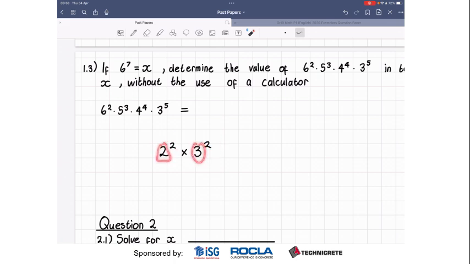So I'm going to have 3 times 2, which is equal to 6. And then I keep the exponent the same, so that's going to stay as 6 to the 2. So for this 6 to the 2, I can replace it with 2 to the power of 2 times 3 to the power of 2. 5 to the power of 3, I'm going to keep the same.